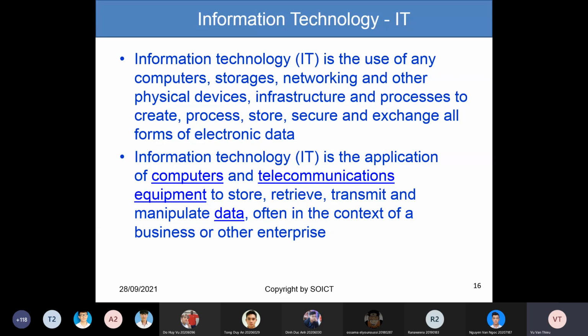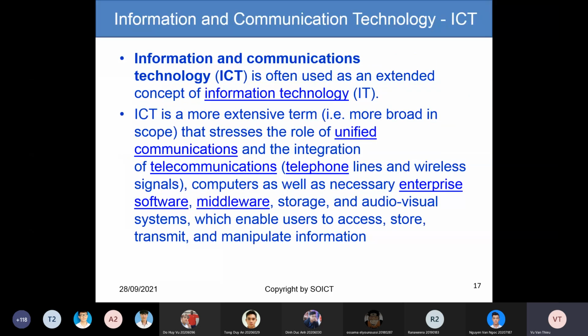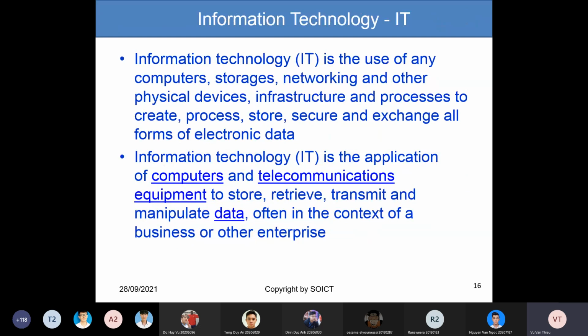But I think from 2005 or 2010 up to now, the concept of information and communications technology is more popular because in the 20th century or at the beginning of the 21st century, internet was very expensive and not popular. So normally we used computers separately, individually.